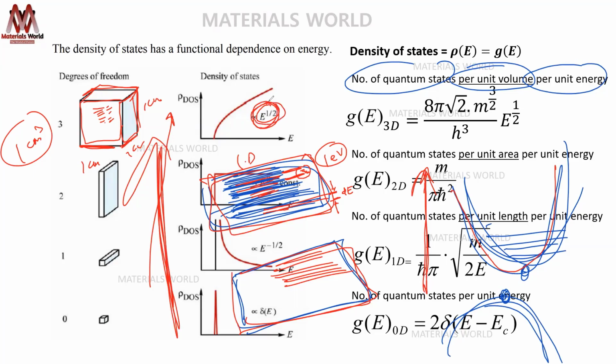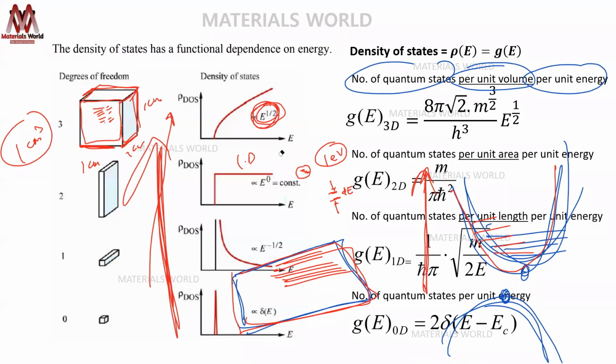If you increase E, your number of electrons will start increasing for the case of 3D. It is independent for 2D: go up or down, it remains the same, density of state will not vary. But in the case of 1D, if you go to a higher energy level in your band, you'll get a lower number of electrons. That is for 1D. So for 3D, it varies with a different function.